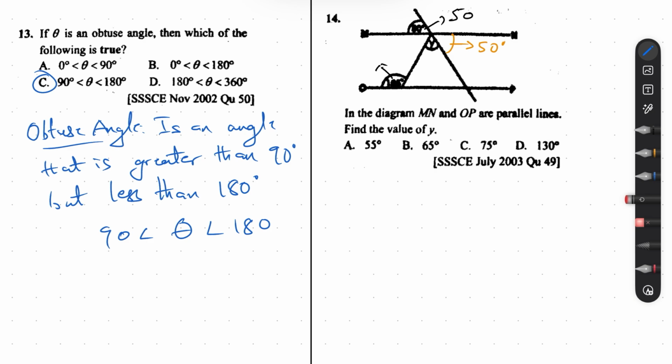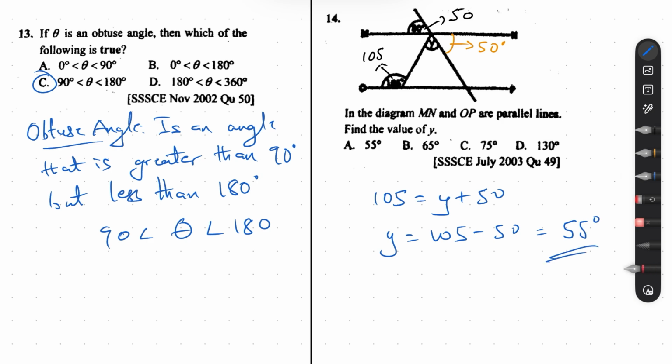So this Z forms alternate angles. This 105 should be equal to this whole angle, which is y and 50. So 105 is equal to y plus 50. So y is equal to 105 minus 50, which gives us 55 degrees. That is our answer, which is A.